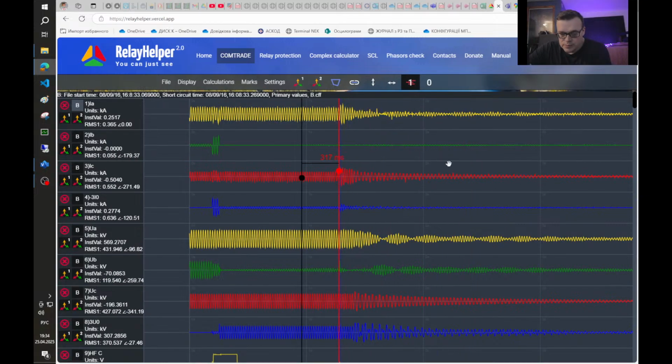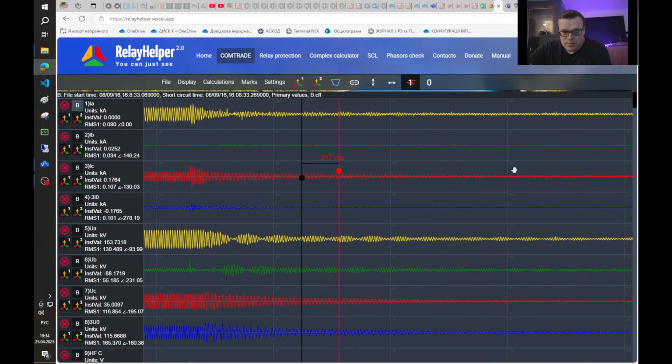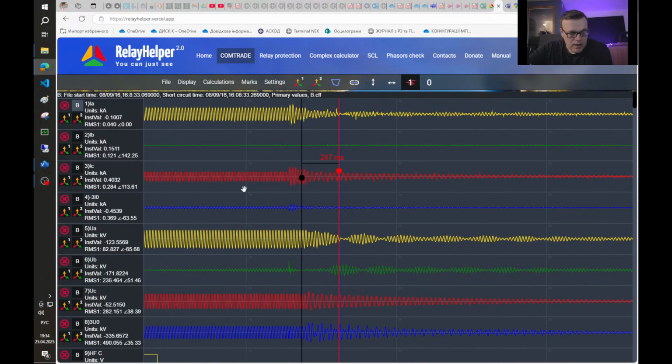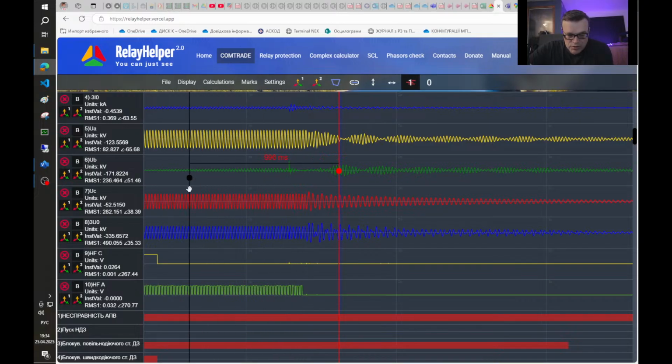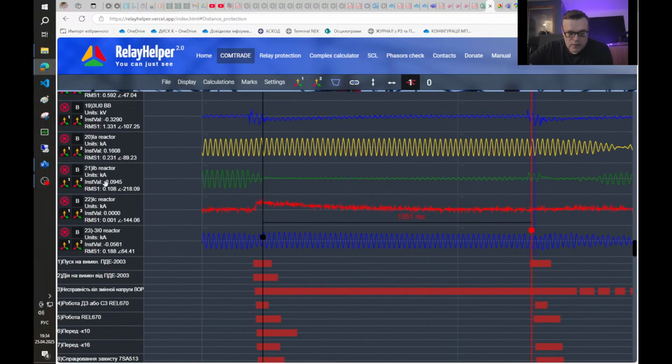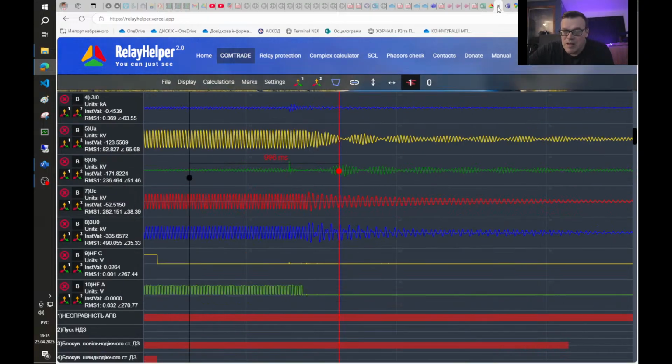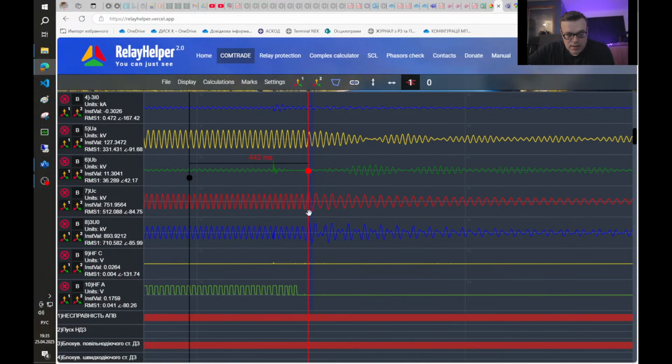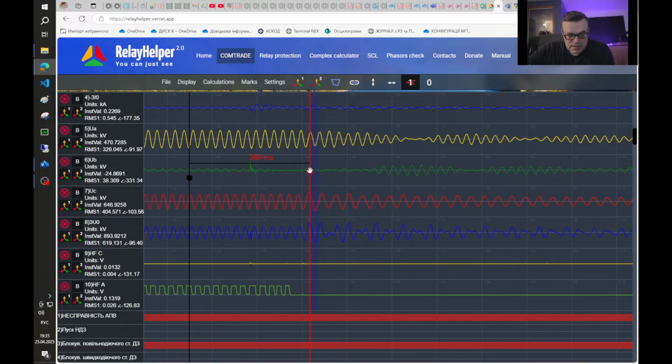And I want to say something about overvoltages, because as I mentioned earlier, from the substation A side we don't have one phase of the shunt reactor, so on the substation B side we can see that the voltage on phase B is, yes, this point.